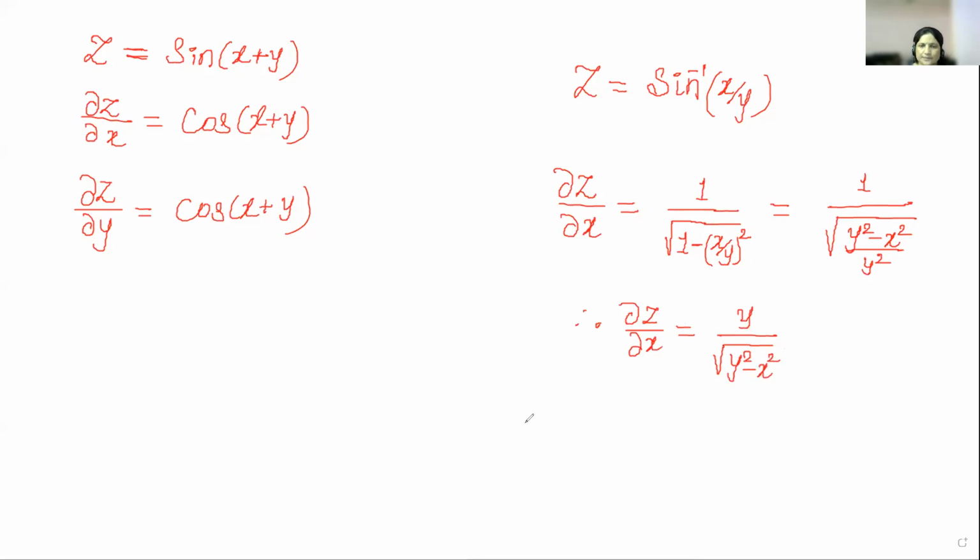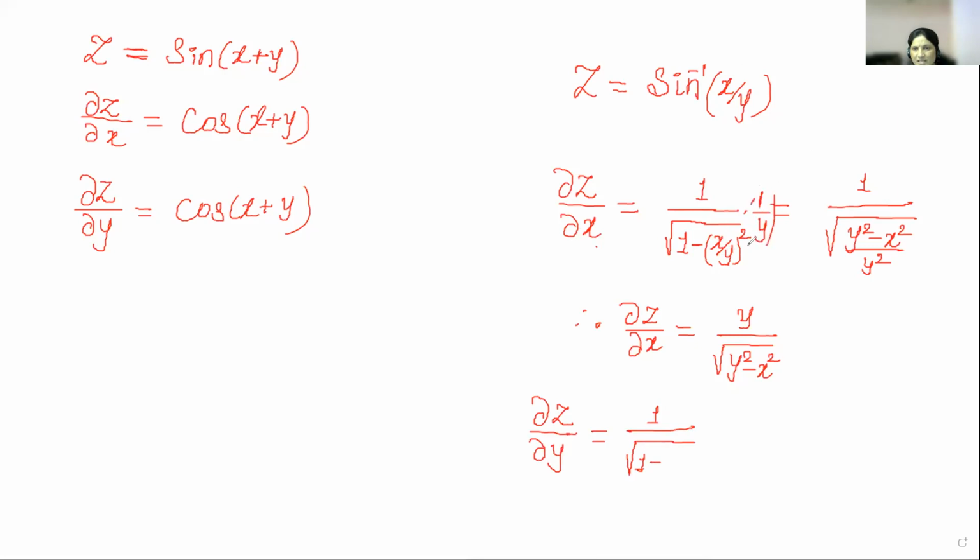In same way, we are taking derivative of this z with respect to y. It is equal to 1 upon square root of 1 minus, just a minute, look at this. Here we missed one term, 1 upon square root of 1 minus (x by y) whole square into derivative of x upon y with respect to x, that is 1 upon y.